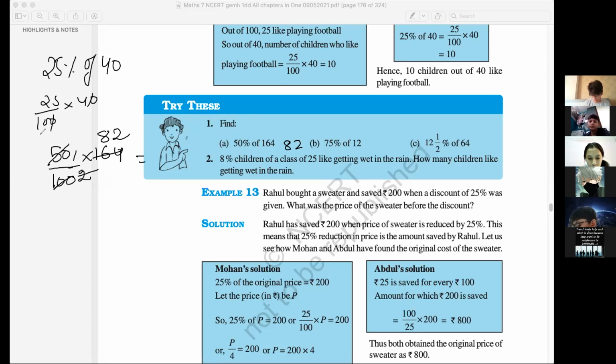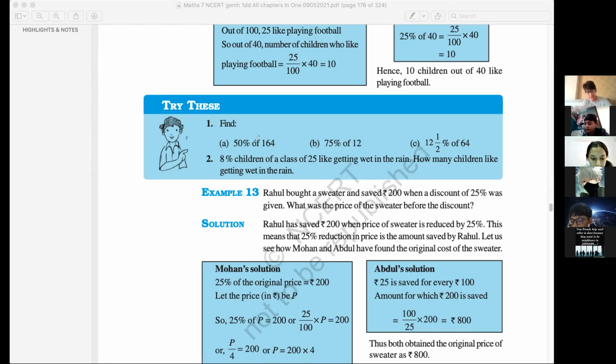So it will become 10. Then 5 twos are 10 and 5 fives are 25. Then 5 into 4, 5 fours are 20, 20 upon 2 is 10. Same answer you are getting, na? Okay.